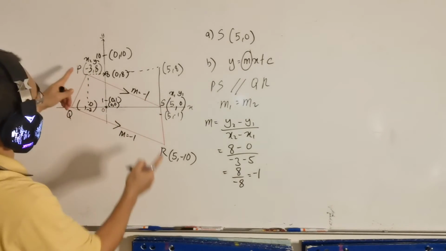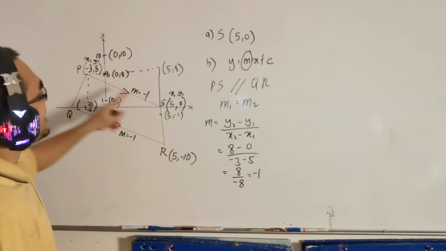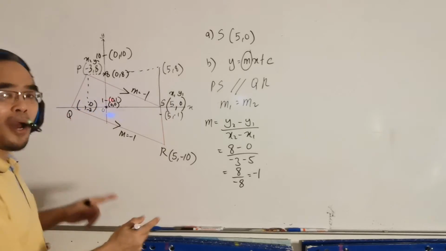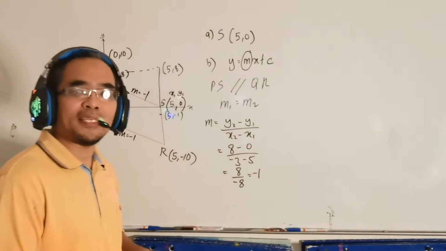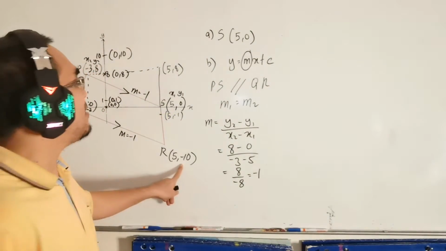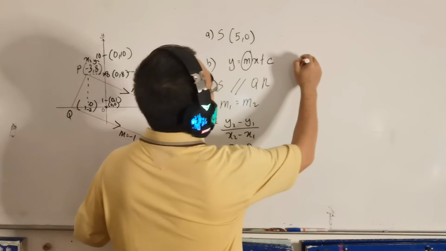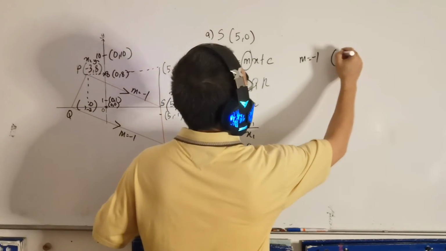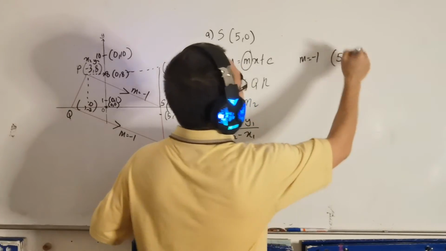We cannot substitute with P or S; we have to substitute either Q or R. In this case, only R is available. So m is negative 1 and the coordinate is 5, negative 10.